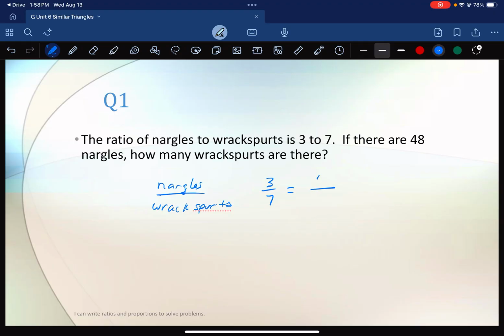And then we want to know if there's 48 nargles, how many Raxburts. 3x equals 7 times 48. I'm going to divide by 3. Sometimes you don't even have to use the calculator. You could be like, well, 3 divided into 48 goes 26 times, right? No, 16 times. And then 7 times 16, 70 plus 42, 102, 112? Yeah, maybe I do need my calculator. 112.